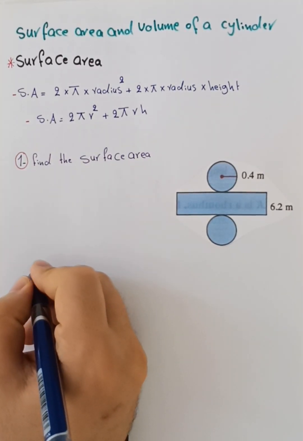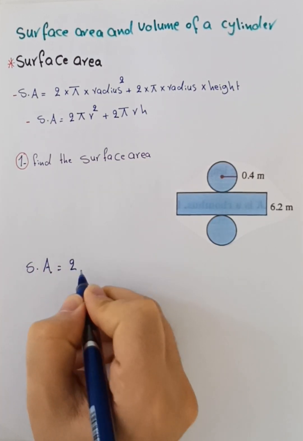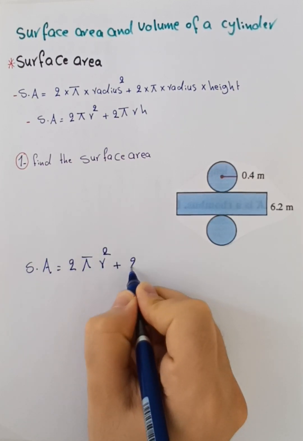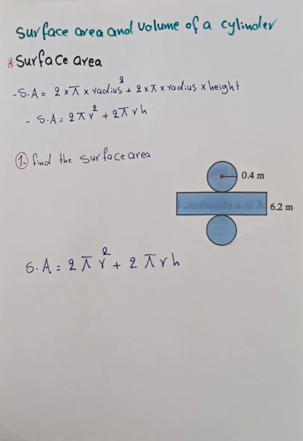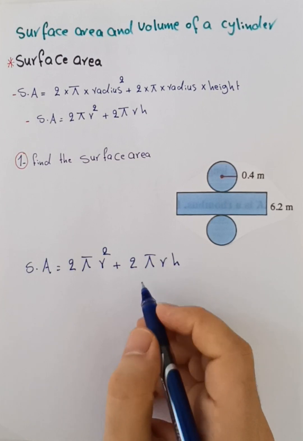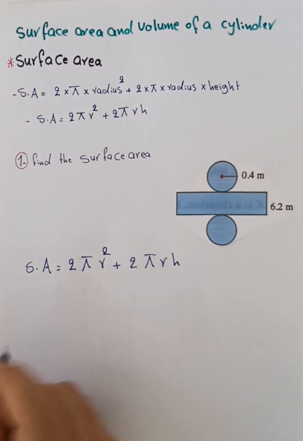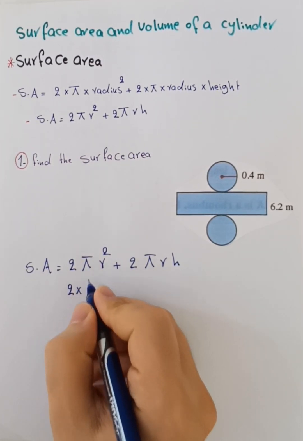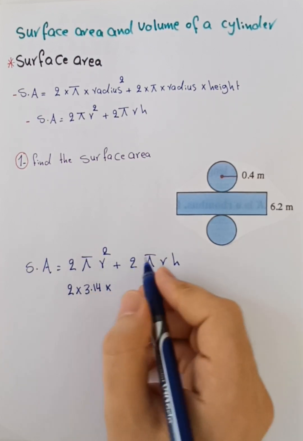The rule is surface area equals 2 pi r squared plus 2 pi r h. Then you have to write the numbers instead of each variable. So we multiply by pi, which is 3.14, multiplied by r squared.